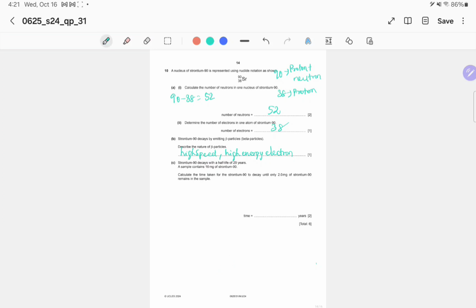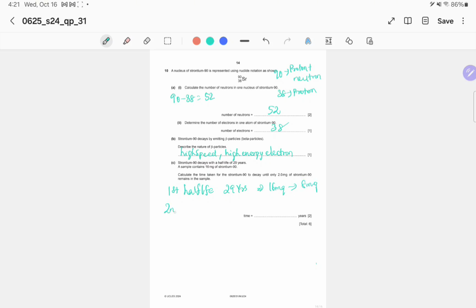So for decaying, how much does it take? Half-life. In the first half-life, 29 years, from 16 mg it decays to half, it is 8 mg.